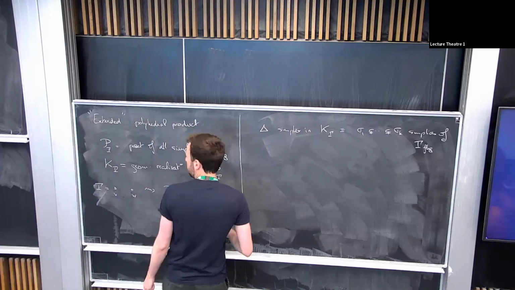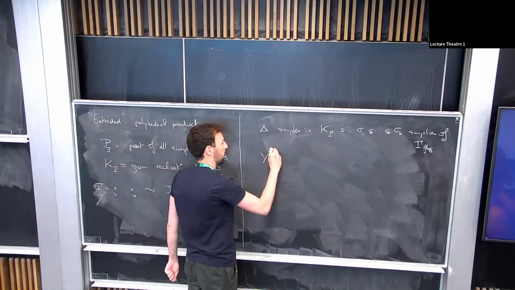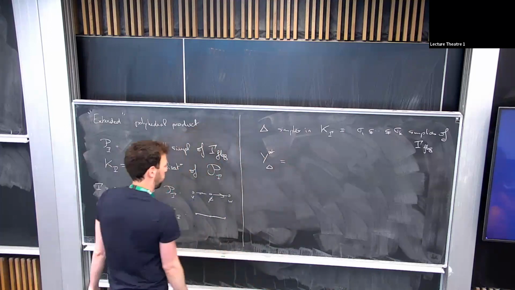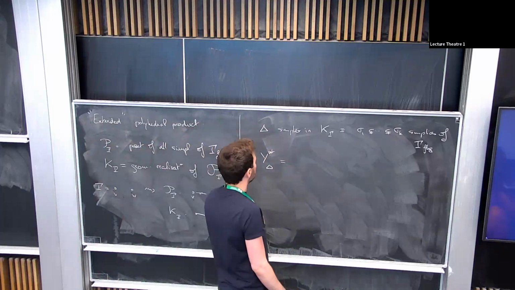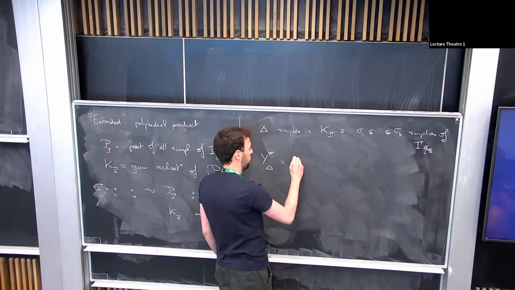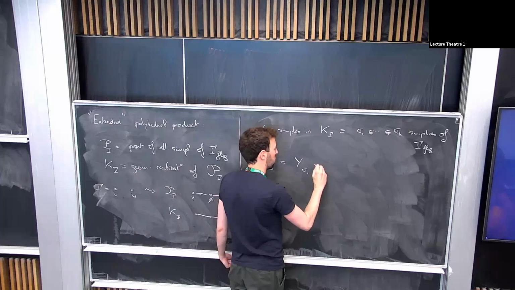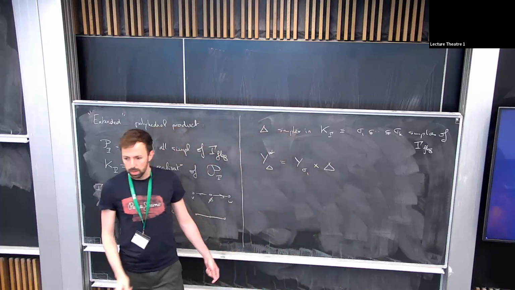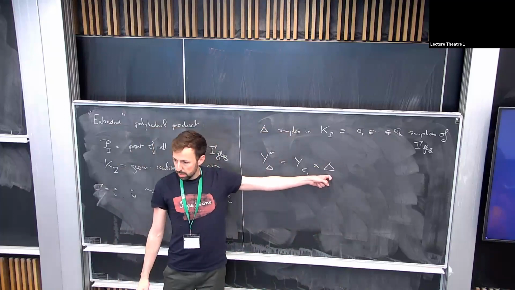And so what I'm going to do, my new Y_delta extended, instead of, it's going to be defined as the smallest one, so Y_sigma_1 cross delta. So that new object lives kind of above delta.